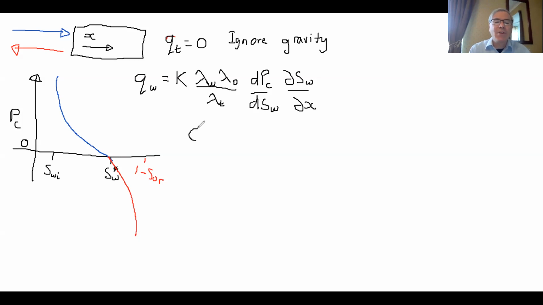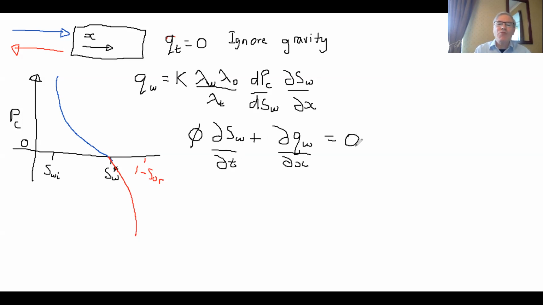The governing partial differential equation, again, that we derived: phi is the porosity. SW is clearly the water saturation. Okay, there's a time dependence here, and then we get dQW by dx equals 0. Now this can be written, if you notice this is a d by dx of this, which also has a d by dx.